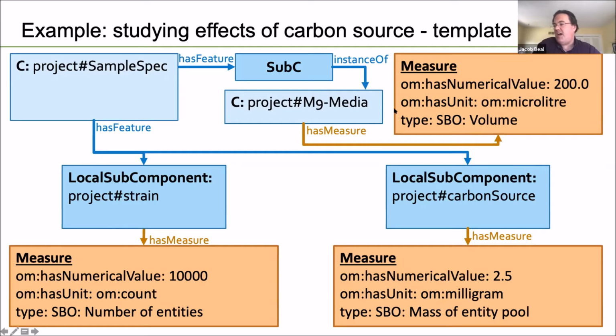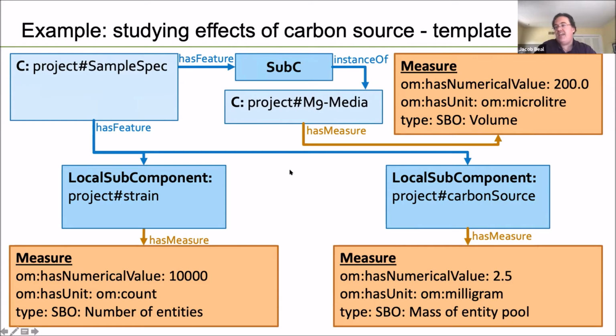So we'll keep our M9 media, we'll say 10,000 of a particular strain, but rather than actually filling in the strain, I'm going to use a local subcomponent here to put a placeholder variable for strain, which we're going to fill in later. And the same thing for a carbon source. We're going to put in 2.5 milligrams of something, but it's a placeholder to say this is a variable that we're going to set what those 2.5 milligrams will be.